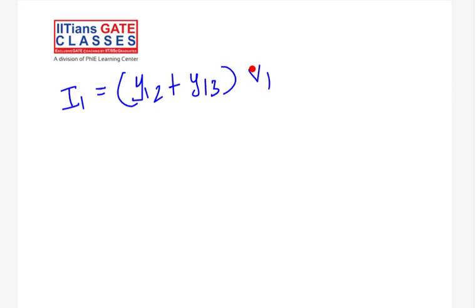So if I rearrange and write it, I1 would come as Y12 plus Y13 times V1, minus Y12 V2, minus Y13 V3, right?